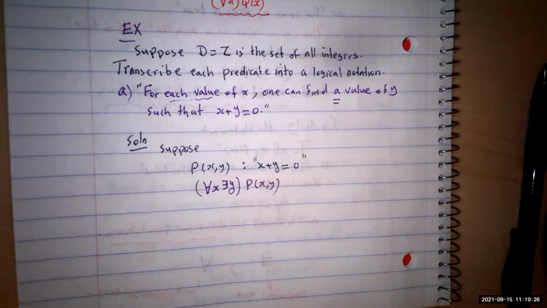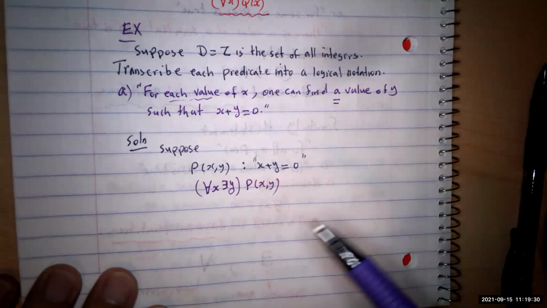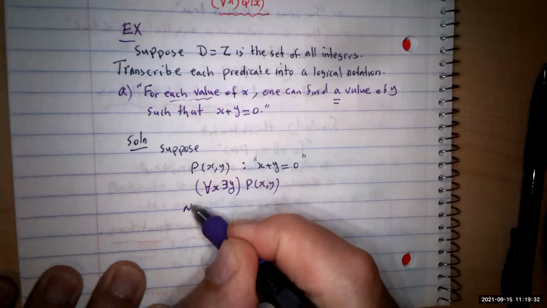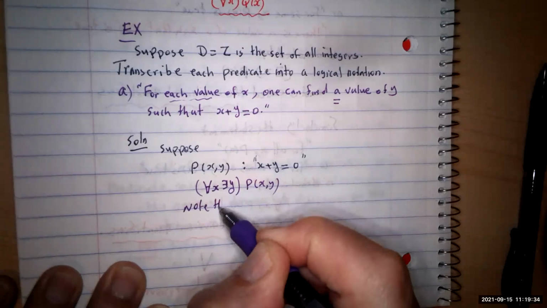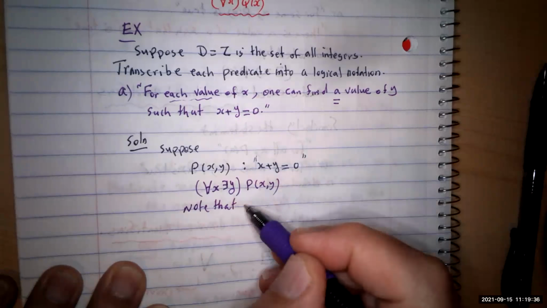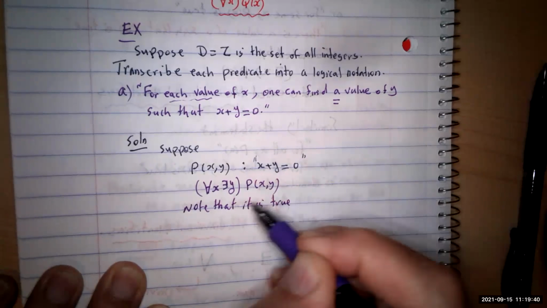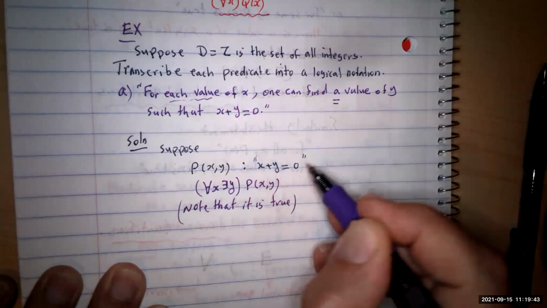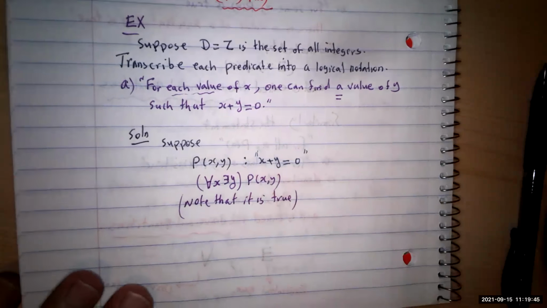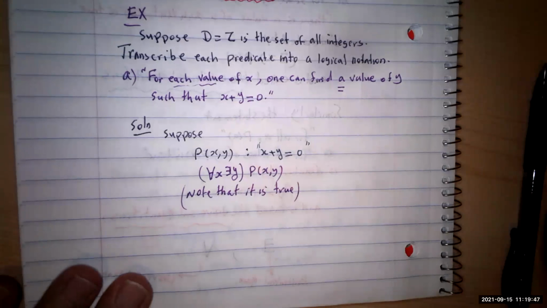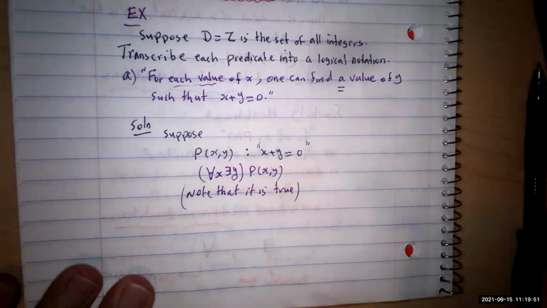Sometimes they ask you whether this is going to be true or false, so make a note for yourself, not bad to know that, and note that it's true. You just give me x, I give you y. I solve this equation for y, so y would be -x. Any question?